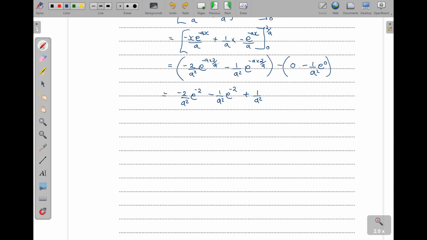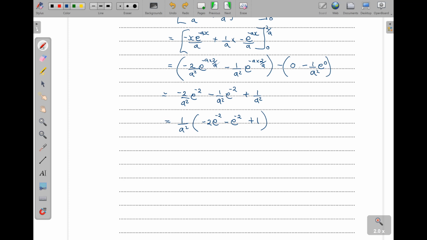Now 1 over a squared is common. Just trying to simplify. If I factorize it out, I'll get negative 2 e power negative 2, then minus e power negative 2, and then plus 1. So these ones are like terms. So minus 2 minus 1 gives us negative 3.